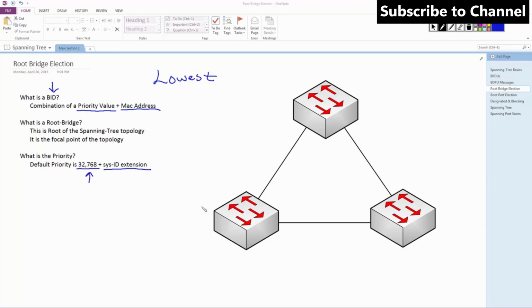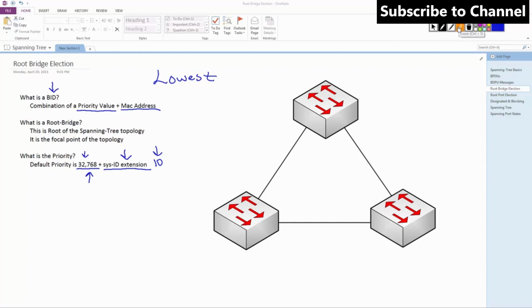So if I'm looking at spanning tree for VLAN 10, then my default priority will be 32,768, and my system ID extension number will be 10. So every VLAN has a system ID extension number, and whatever the VLAN number is, that's what the extension number is going to be. So for VLAN 10, I would have 32,768 plus my VLAN ID number, which in our case is going to be VLAN 1, because that's all we're going to be messing with.